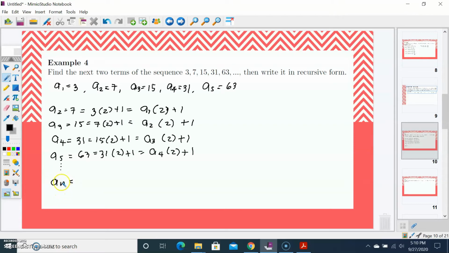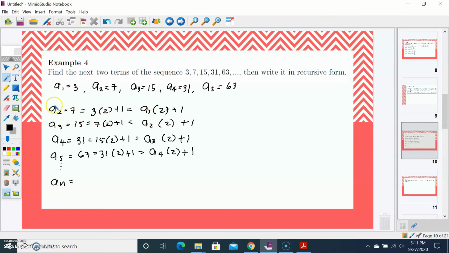So to be more general, it is denoted by a sub n. Now, how do we find the value of a sub n? If you're going to take a look at the relationship of a sub 2 and a sub 1, a sub 3 and a sub 2. A sub 1 is our first term, a sub 2 is our second term.